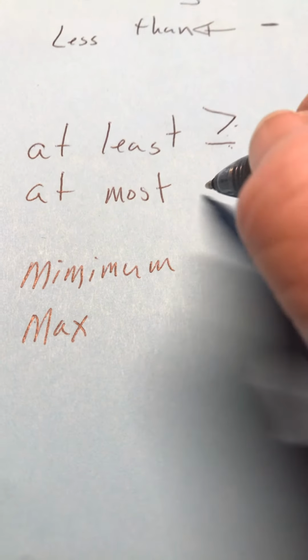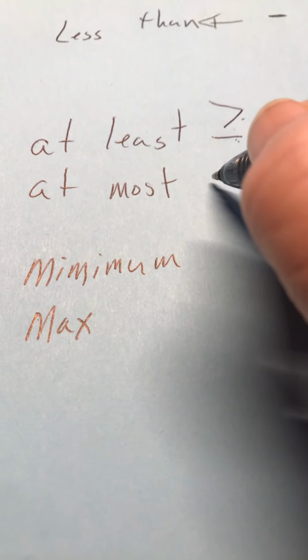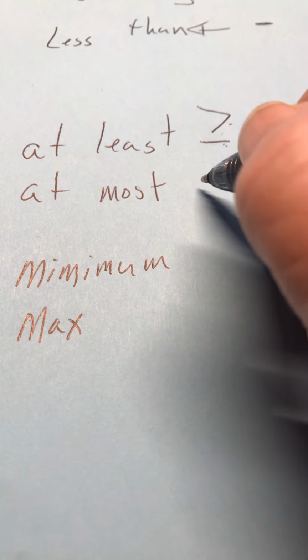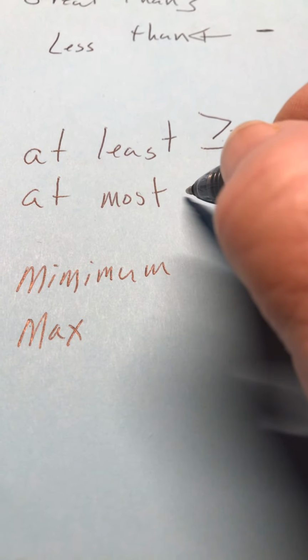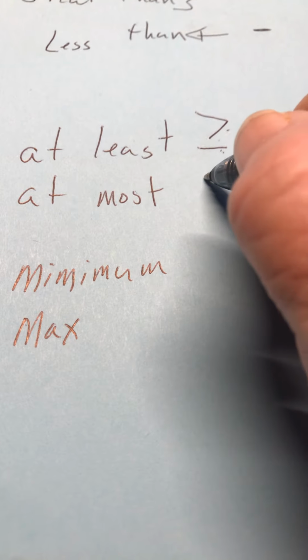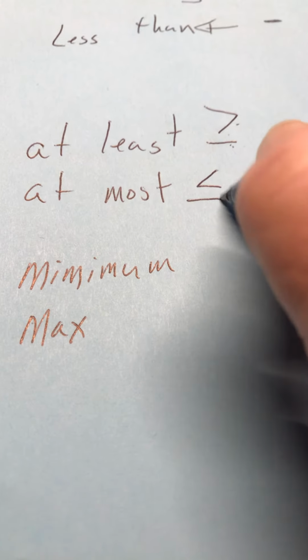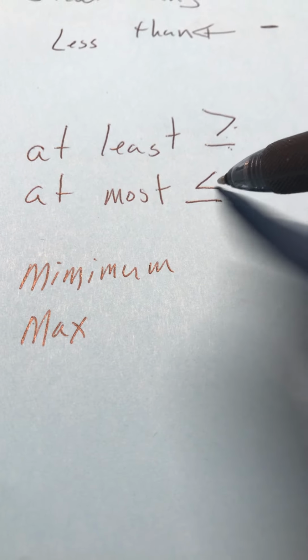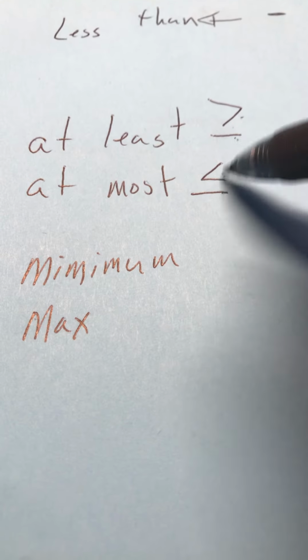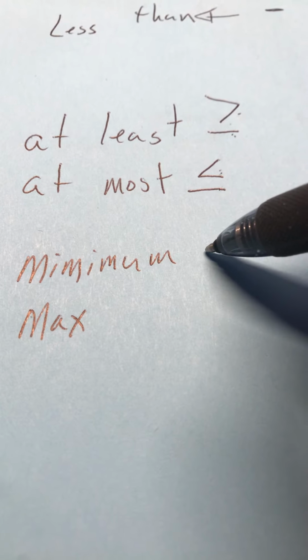If I said I have at most $20 in my wallet, that means I think I might have 20, but I can't remember if I bought a candy bar. So at most I would have $20, but probably I have less. So at most means I have exactly $20 or I have $19 or less or something like that. Okay, so they're kind of backwards thinking. All right.